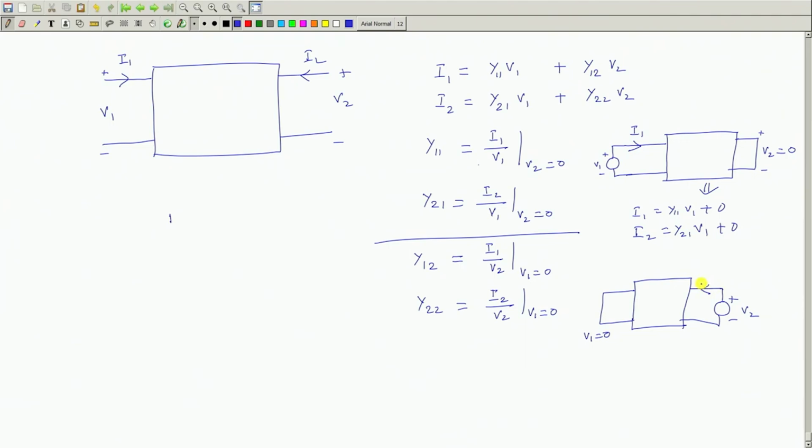Please forgive me, I forgot to mention this direction of the current, but it remains the same. Y 21 is this current, you must find out I 2 by this V 1.